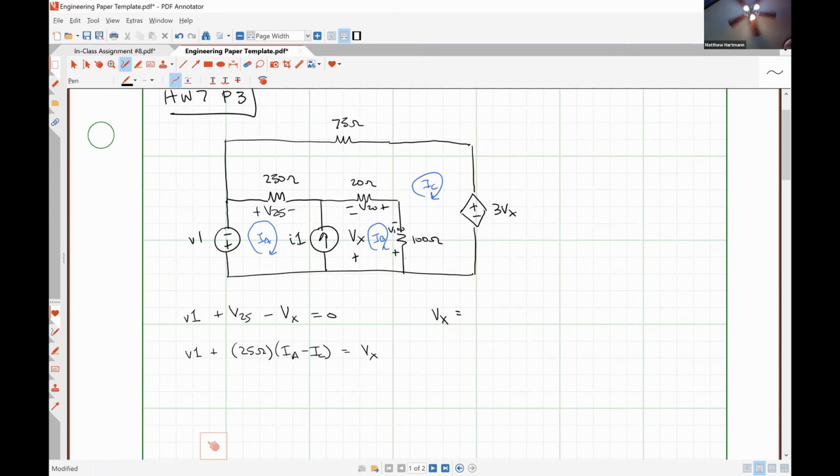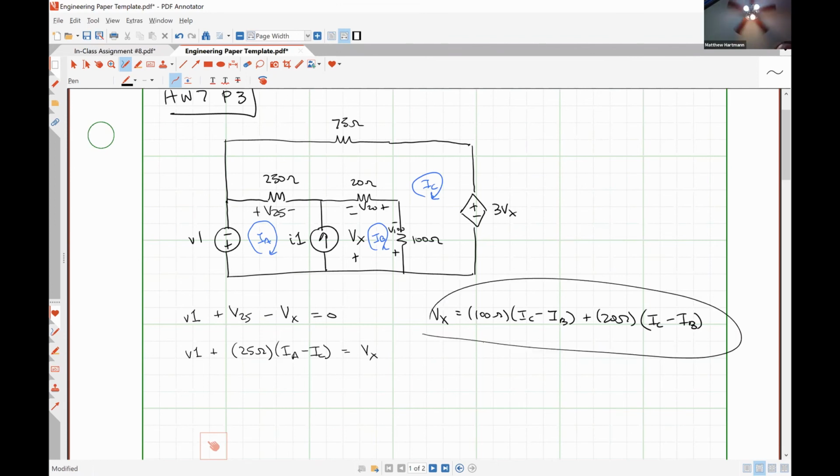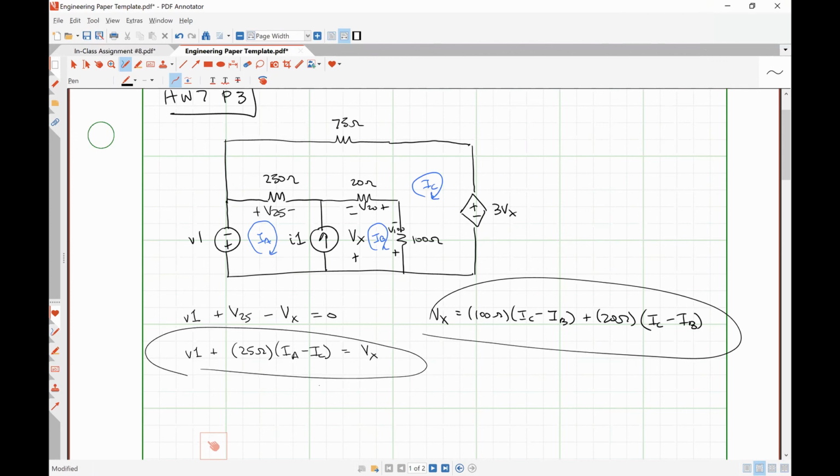So Vx equals 100 times (IC minus IB) plus 20 times (IC minus IB). So that's one way to do it. This is another way to do it, and they'll both give you the same answer. Alrighty, thank you. Any other questions on any of the homework problems or anything?